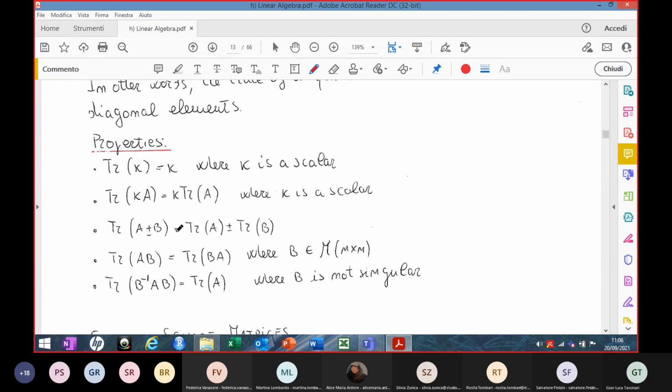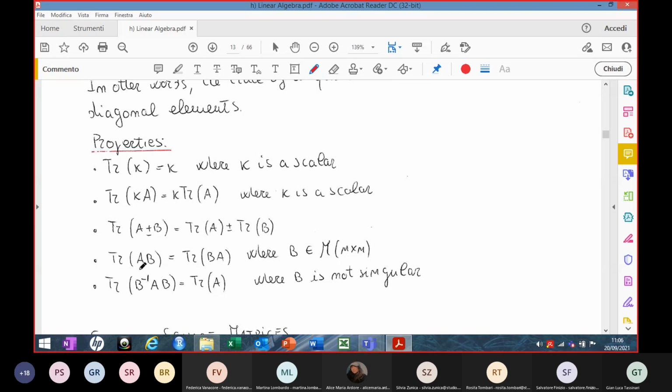Again, obviously, because the trace of A plus B is the sum of the diagonal elements of A plus B, and the element in position ii is a_ii plus b_ii. So it is the sum of the traces, or, with the minus, the difference of the traces.